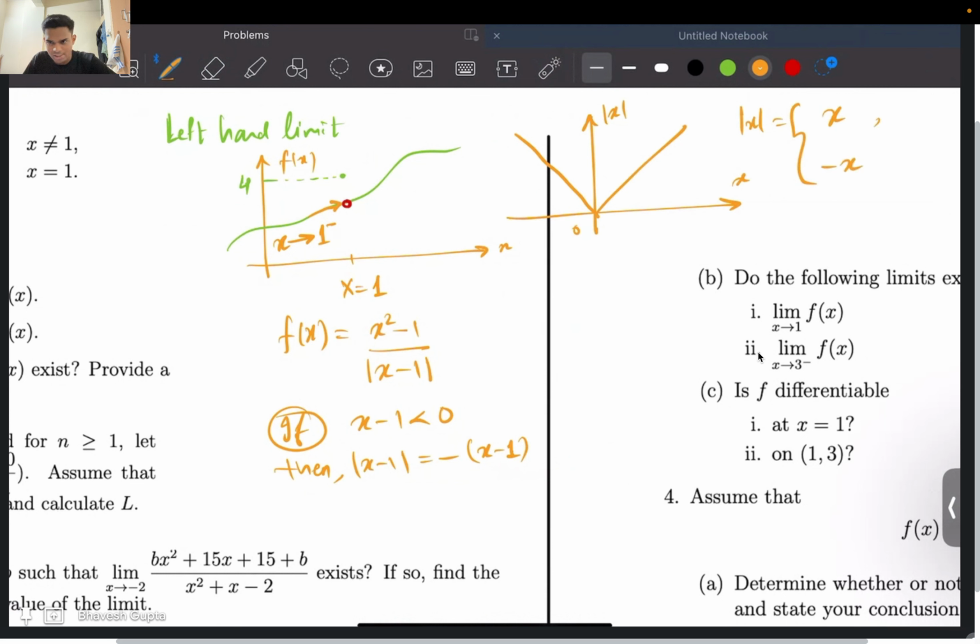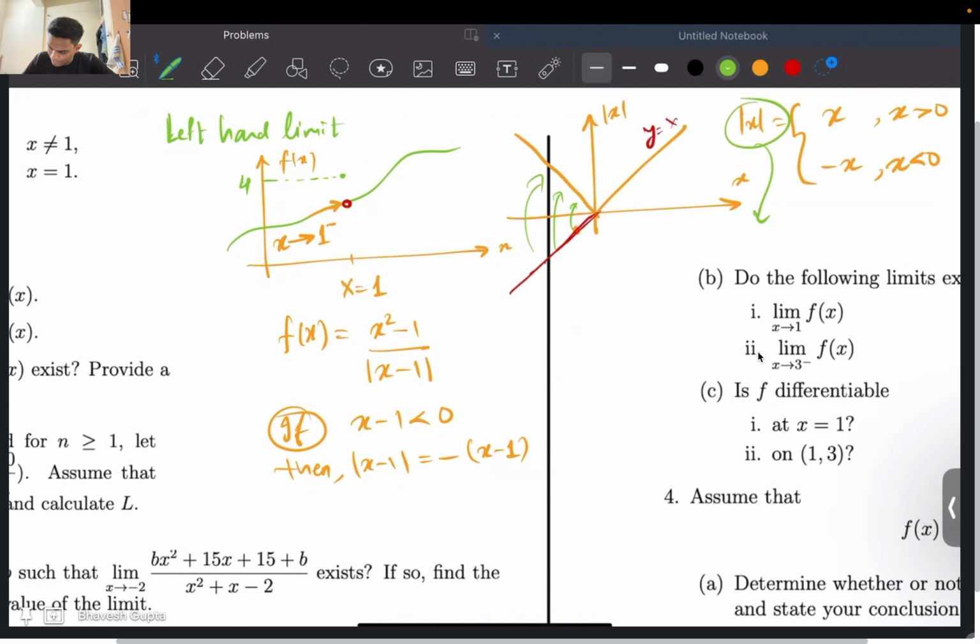So it opens as it is when the input of this modulus function is positive. But if the input of the modulus function is negative, you can see it picks up a negative sign. Basically we had this line y equal to x, but this side got reflected just to make it positive. That's what this function captures.